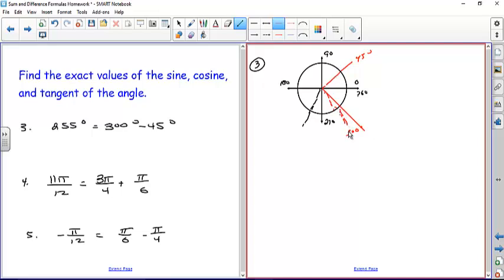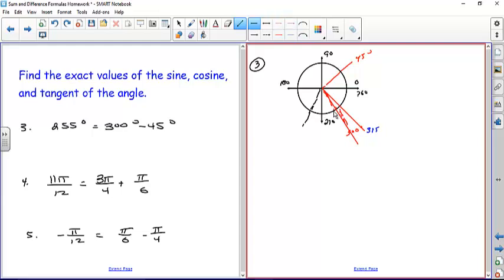And 300 is to this side because this would be 315. If I cut it halfway, it'd be 315, halfway between 270 and 360. 270 plus 45 is 315. So I know it's got to be a little bit further down here. And what that does is it allows me to qualitatively figure out what's going on.